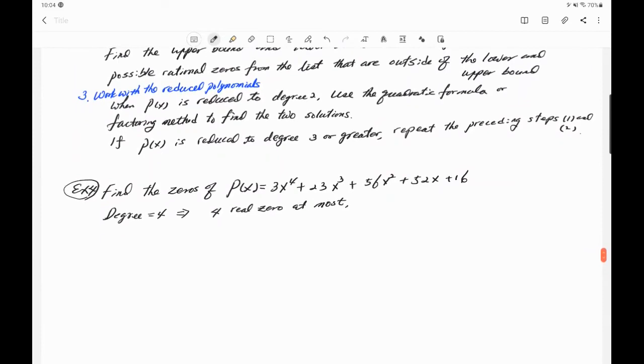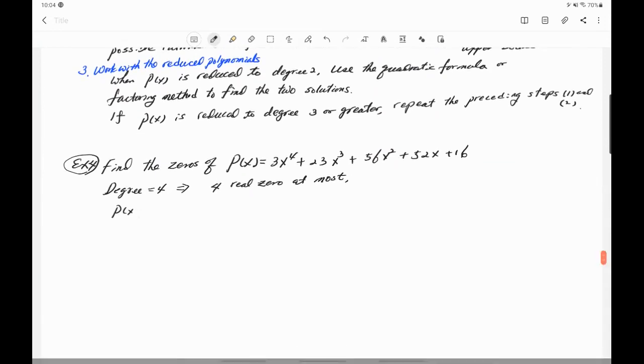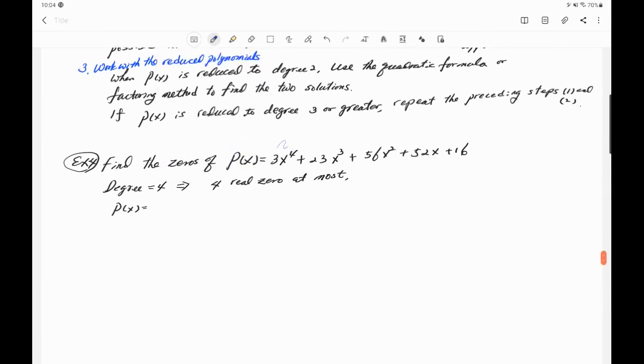Let's use Descartes' rule for the number of positive real zeros and to find the number of negative real zeros. So what is the sign change? Let's see the sign changes.